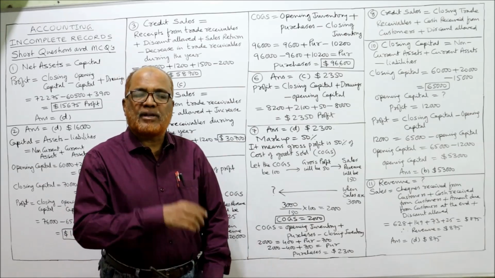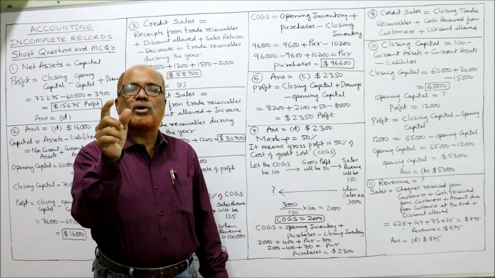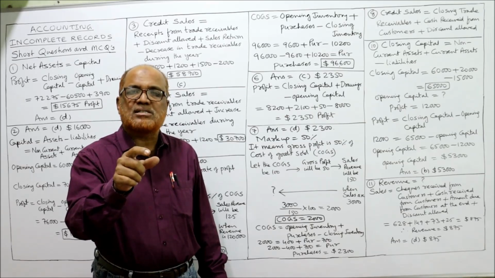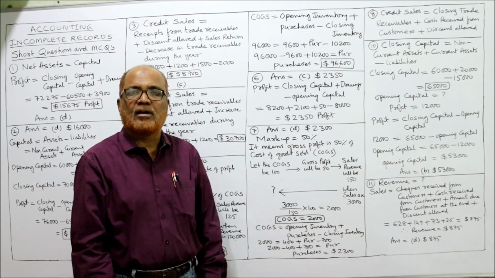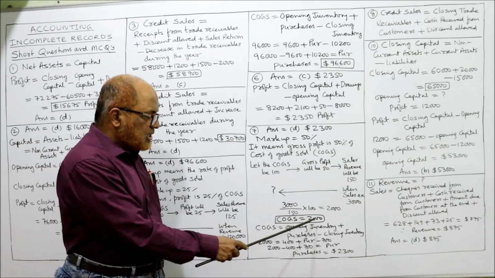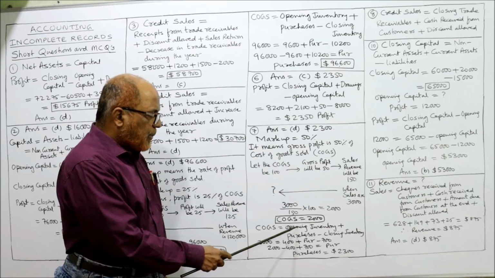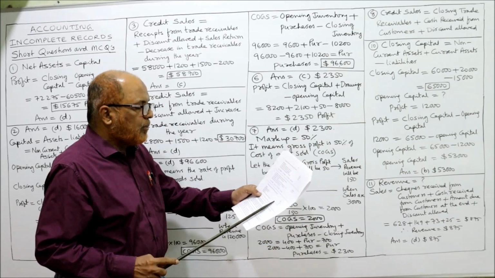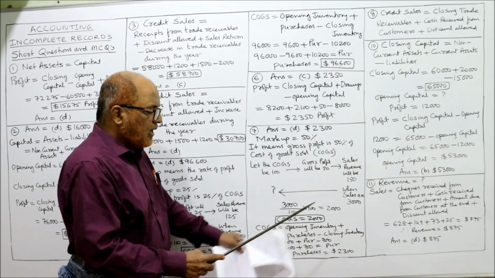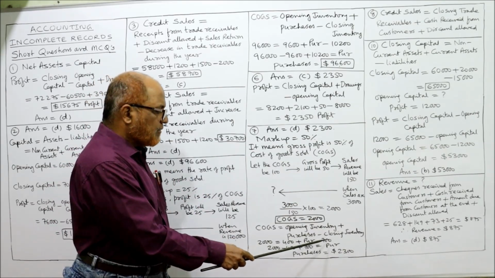Now you must remember the formula. Cost of goods sold is equal to opening inventory plus purchases minus closing inventory. That is the equation of cost of goods sold. Now COGS we got is 2000. Opening inventory is given in the problem, 400, and purchases we have to find out. Closing inventory is given, 700.